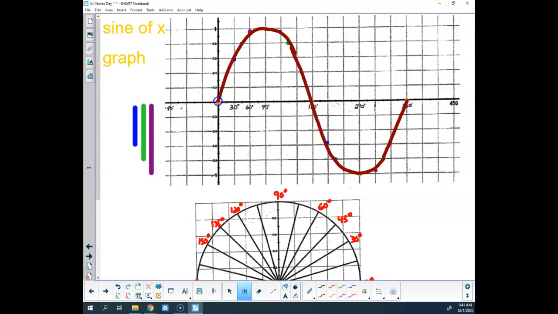Okay? Now, this would continue on. It actually goes on forever and ever in both directions, following that same pattern.